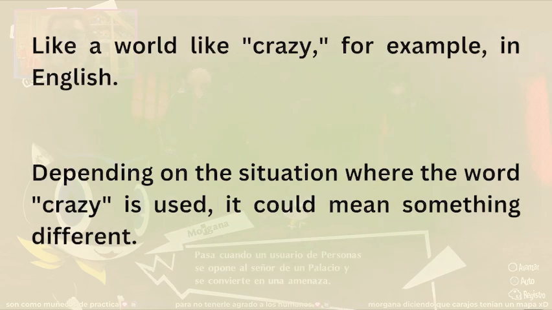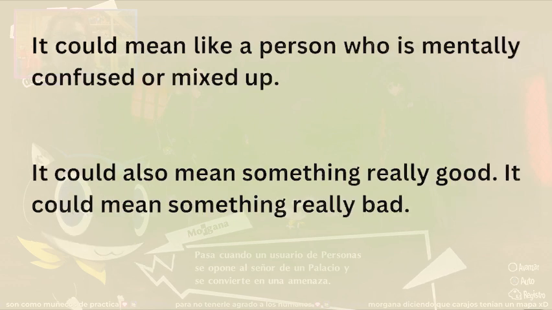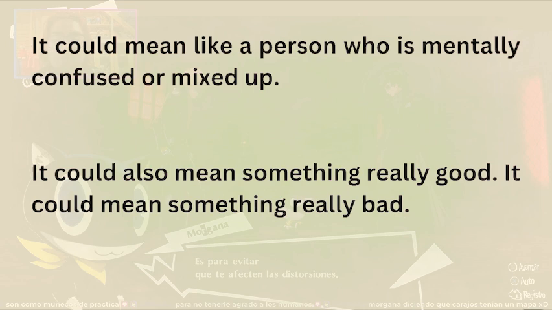Like a word like crazy, for example, in English. Depending on the situation where the word crazy is used, it could mean something different. It could mean a person who is mentally confused or mixed up. It could also mean something really good. It could mean something really bad.